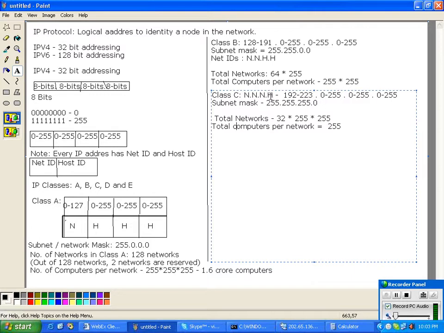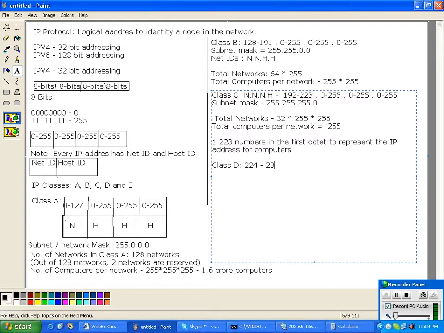Because class NetID, only one host ID remaining in the Class C. It means 192.168.0 is a different network. 192.168.1 is another network, because first three octets are NetIDs in the Class C. So I can use 1 to 223 numbers in the first octet to represent the IP addresses for computers.